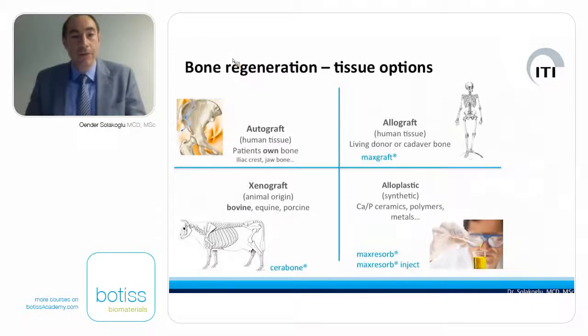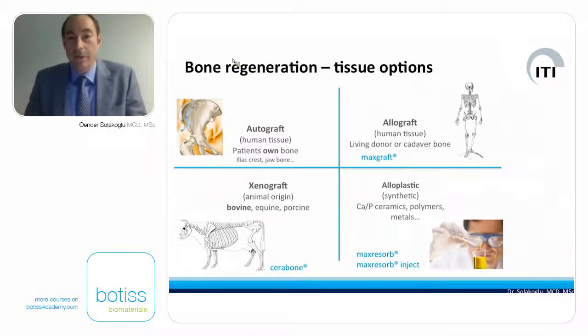This is an overview about different materials that we all use in our practices. So the first and still the gold standard is the autograft, the autogenous bone, which is harvested either intraorally or extraorally. Then we have the allografts, which are of human origin.